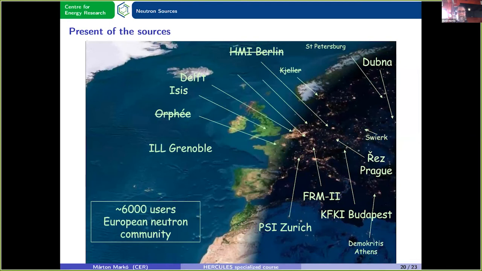And finally, let's see what is the status now in Europe about neutron sources. There were many, but slowly they die out.